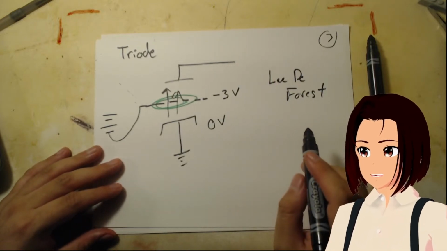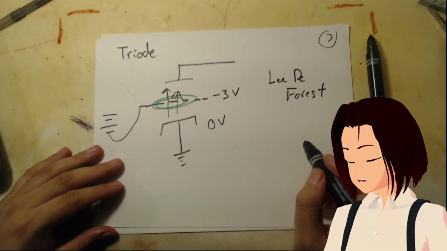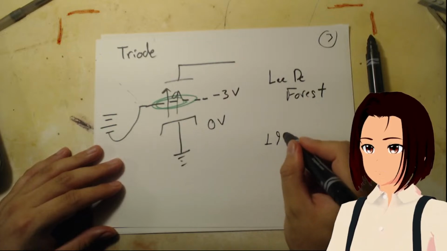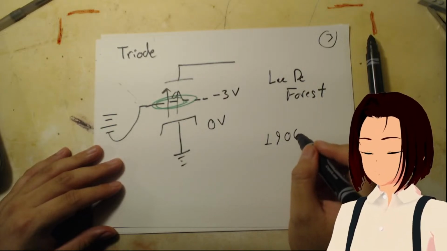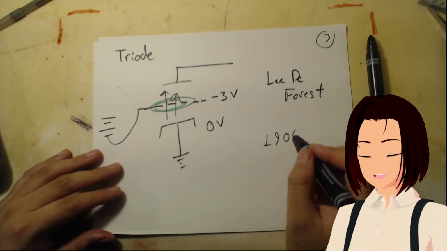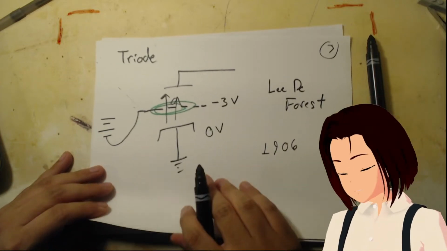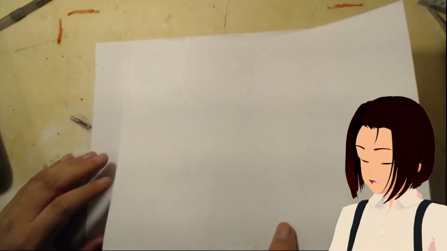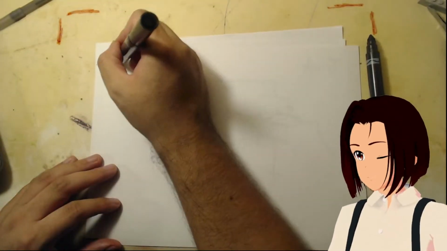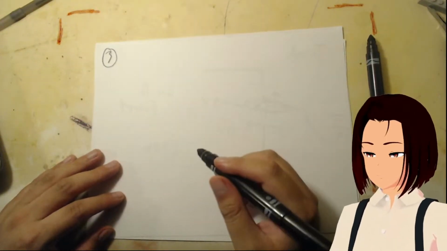So he made the triode in 1906. Here's what he did. He got three electrodes.